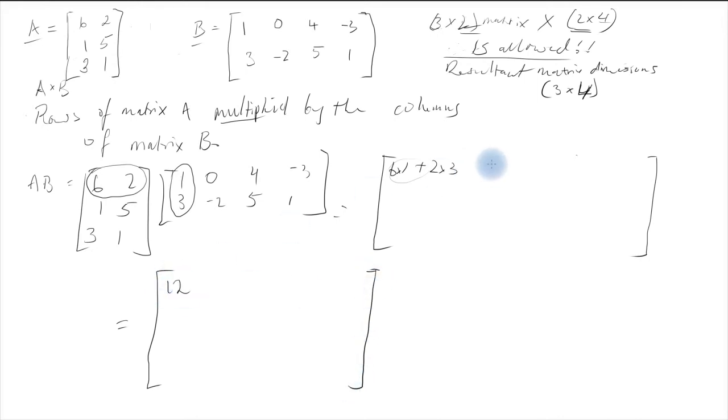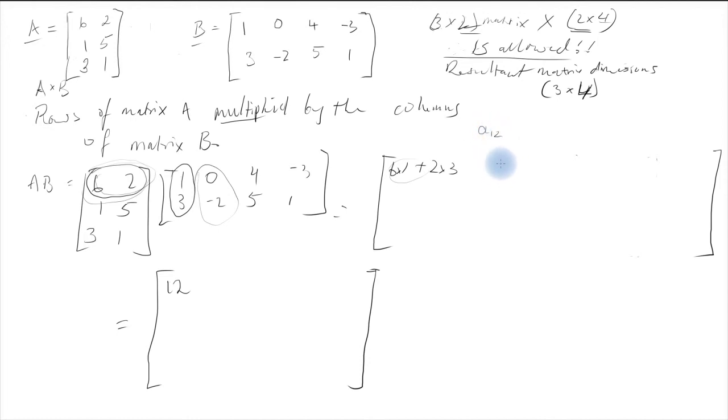Now, the second spot will have to be a bit bigger, I think. Our second spot, because the answer's still in the top row, is still the first row of AB, but now we've moved on to the second column of B. So first row times second column, because this point is A1,2 that we're doing next.